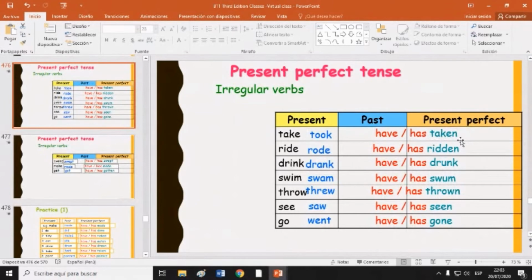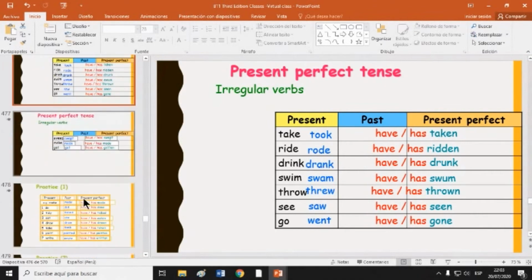Sometimes we confuse them, but it's normal. So little by little, you will identify and also memorize which ones are regular and which are irregular.